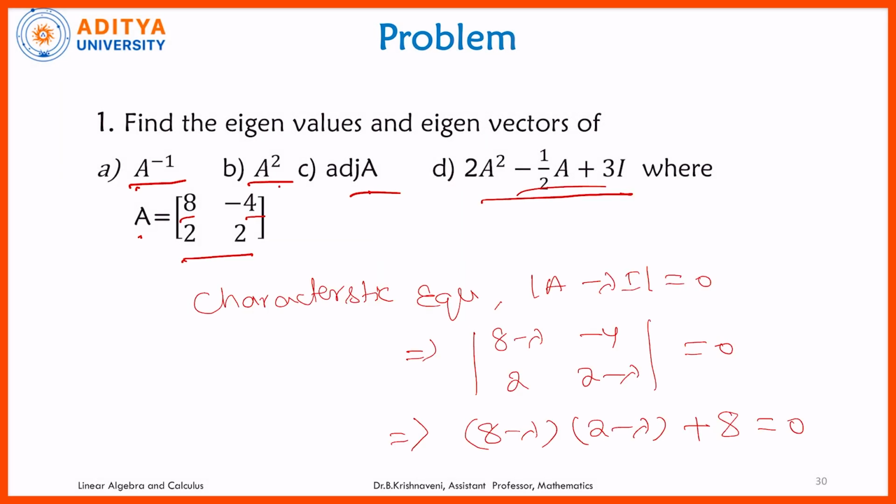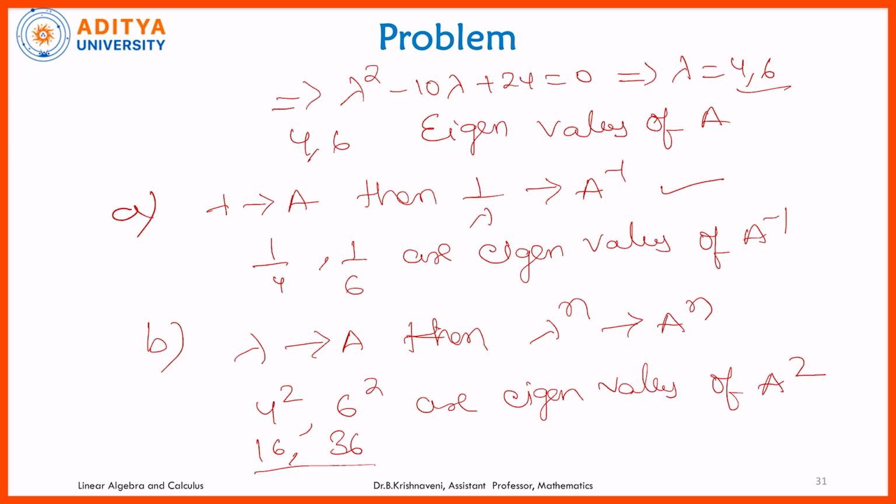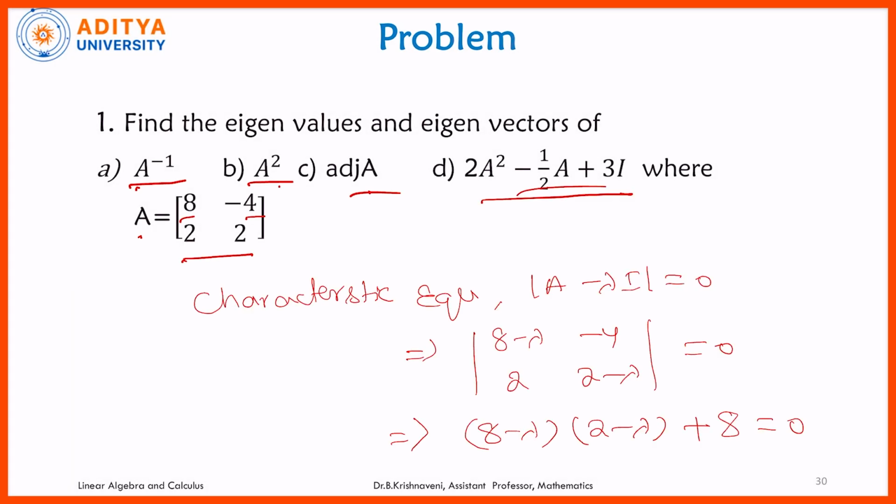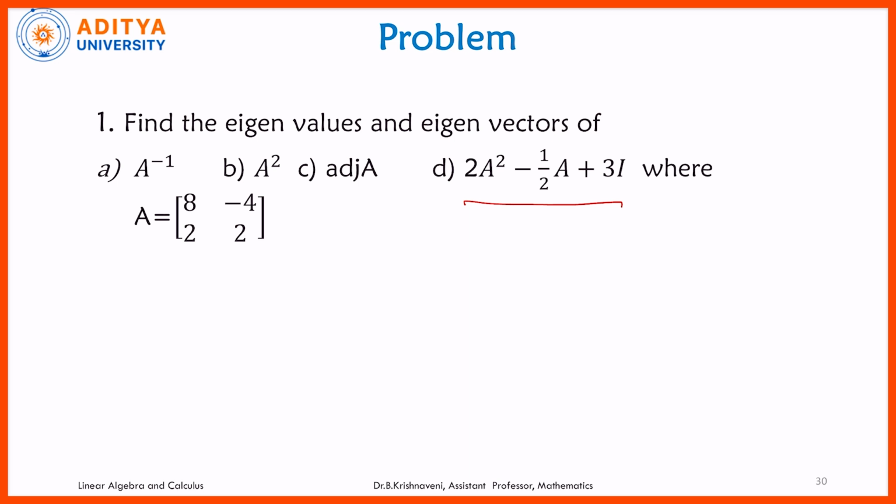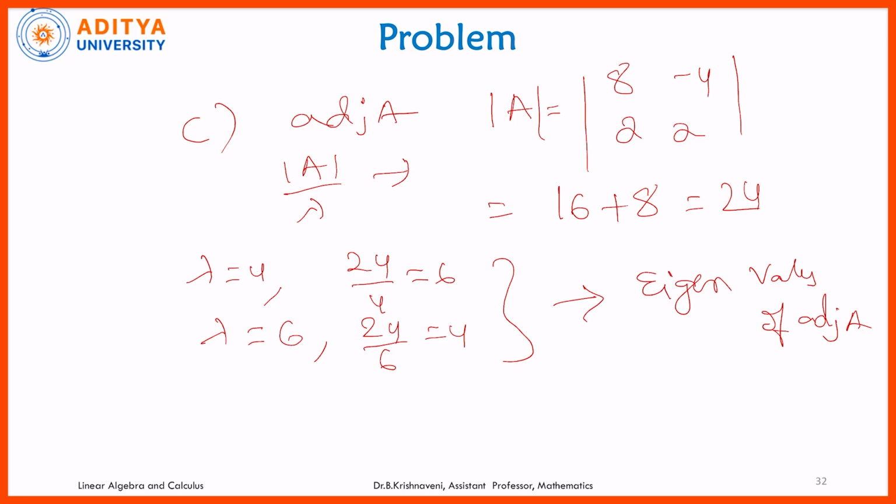Now finally the fourth question, that is the polynomial. What is the property we need to use for this? We can find this in the first slide. For this, we need to find the eigenvalues. We have the property: if lambda is an eigenvalue of A, then f of lambda is an eigenvalue of f of A. We already calculated that the eigenvalues of A are 4, 6.